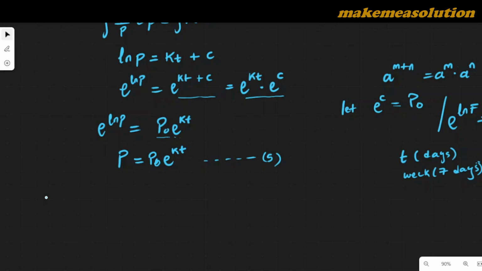Is that okay? So they're trying to tell me now that in 7 days, after every week, the population doubles. So this is my P of t, P naught exponential kt.